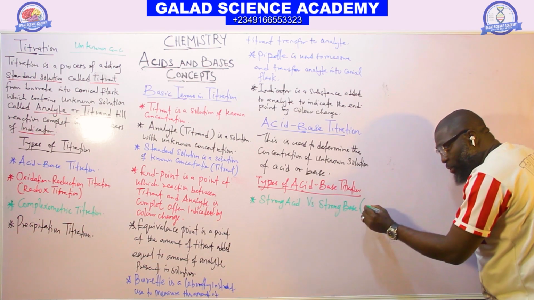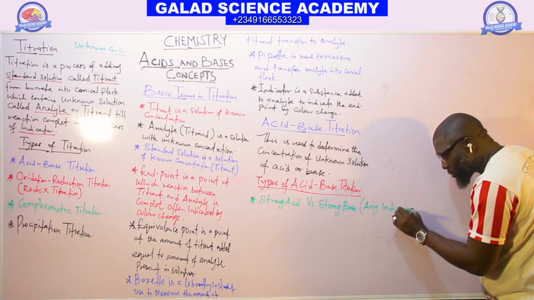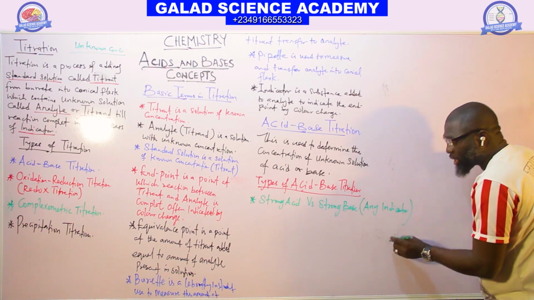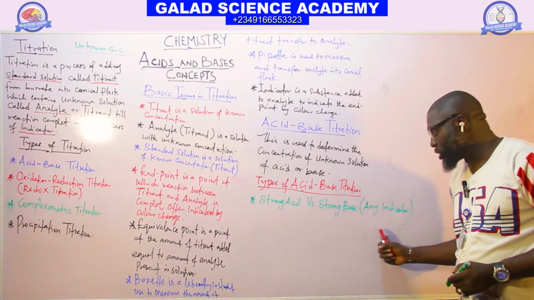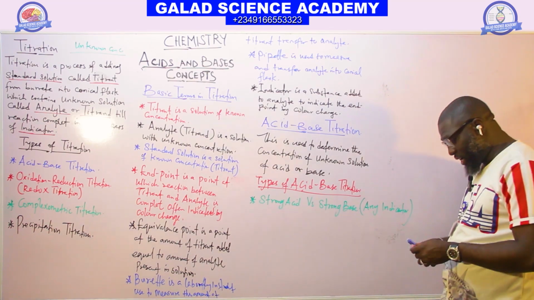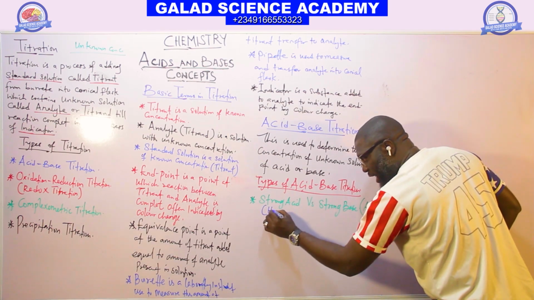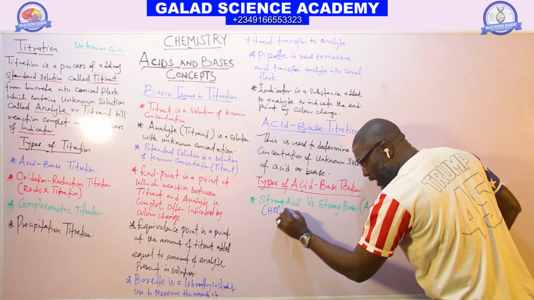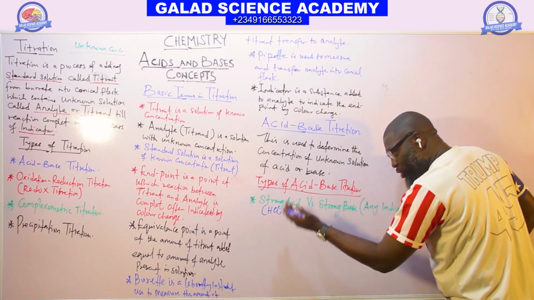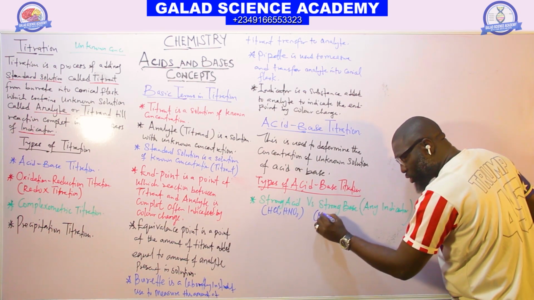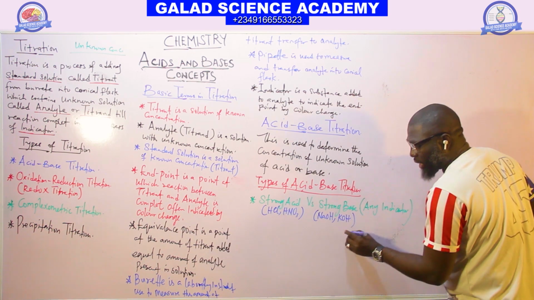Here, any suitable indicator can be used. Examples of strong acids are HCl, HNO3 or H2SO4, and strong bases are sodium hydroxide or potassium hydroxide.